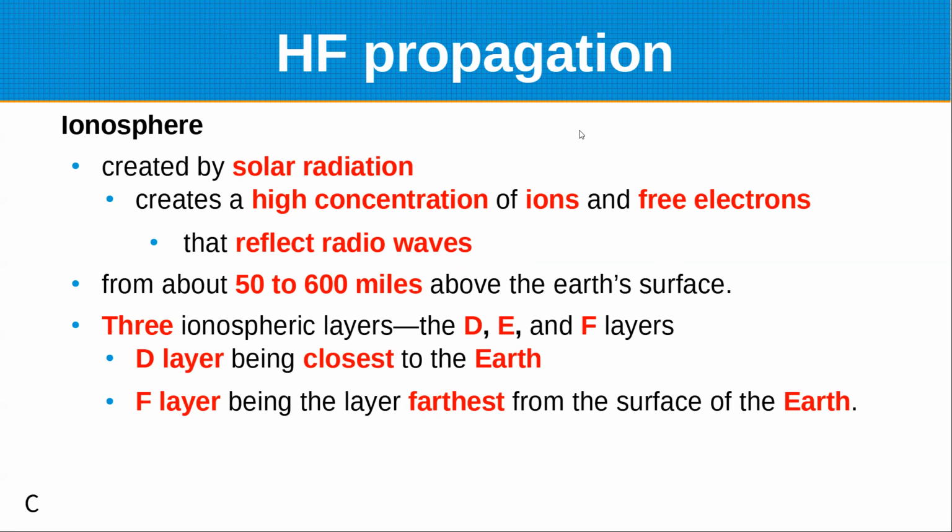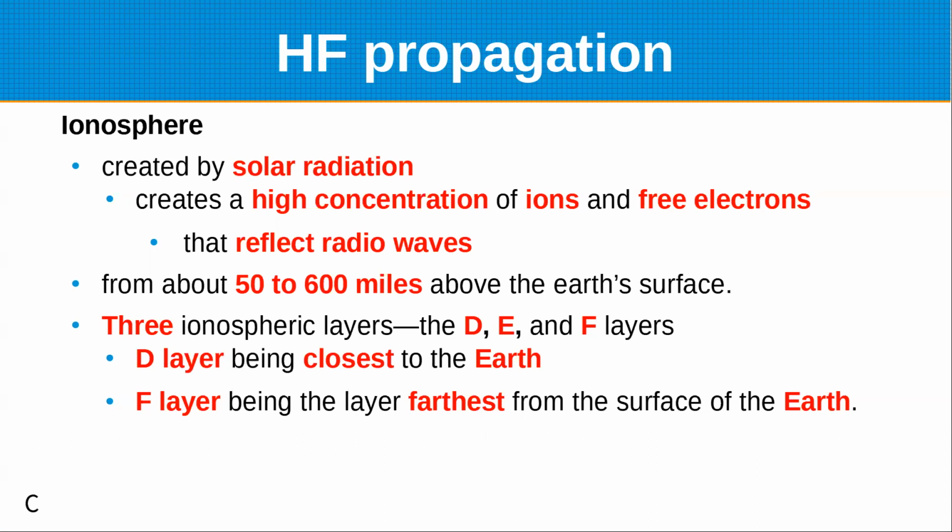Okay. The ionosphere is created by solar radiation. So it's those energy particles or waves, whatever all that comes from the sun, because it spits out all kinds of things, X-rays and cosmic rays, and that can ionize the oxygen atoms in the upper atmosphere.